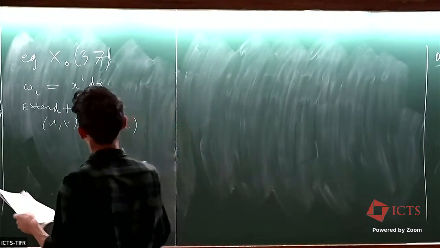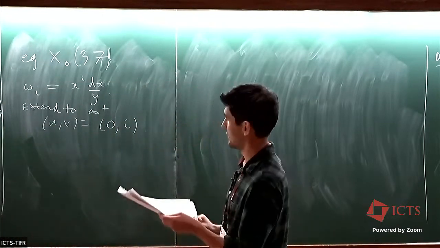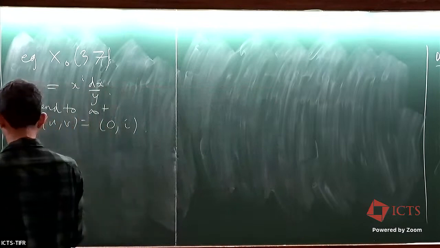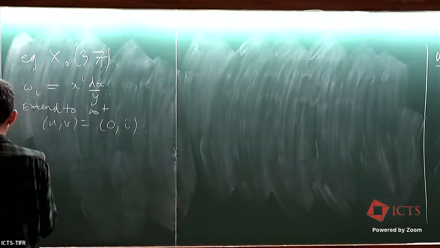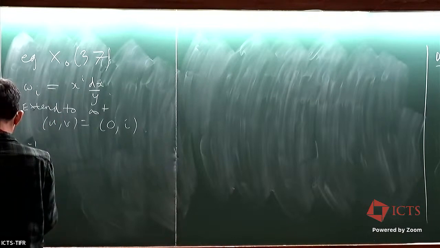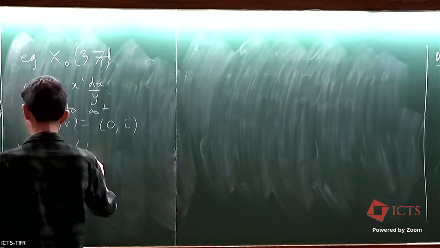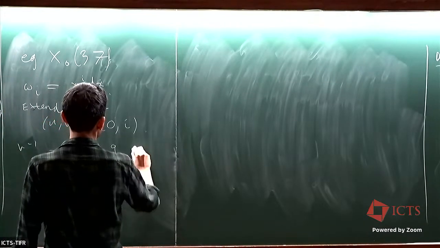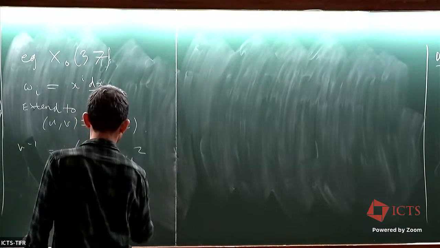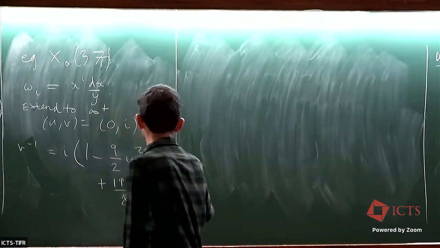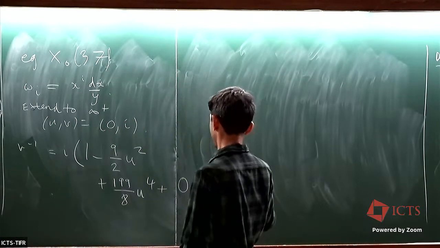So in this case, u will be a parameter at infinity plus, and v inverse is going to look like i times 1 minus 9 over 2 u squared, 199, we'll actually need this one, u to the 4, plus order u to the 6.